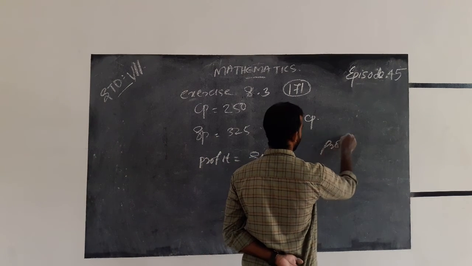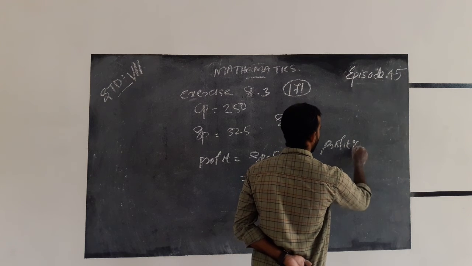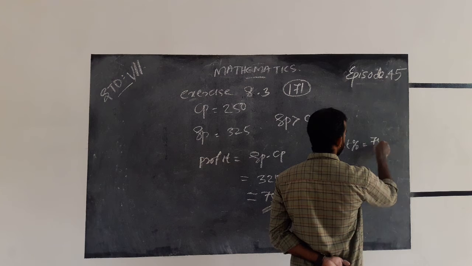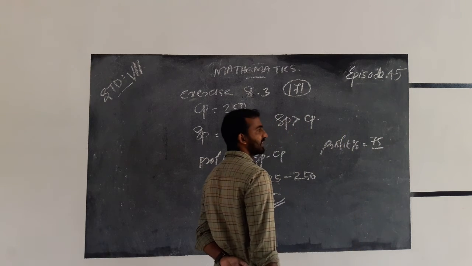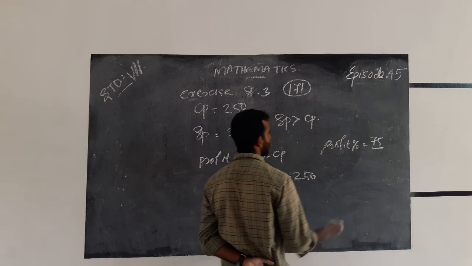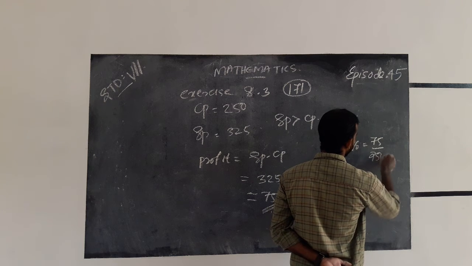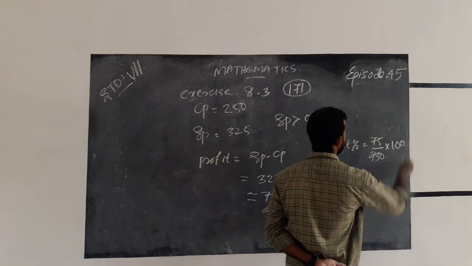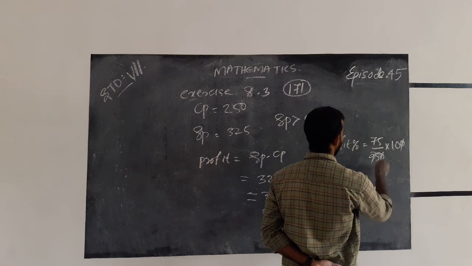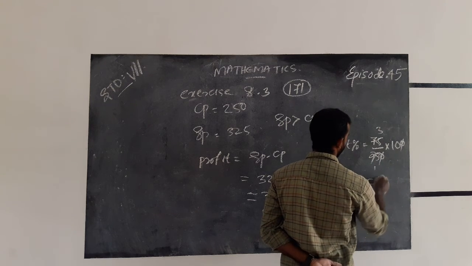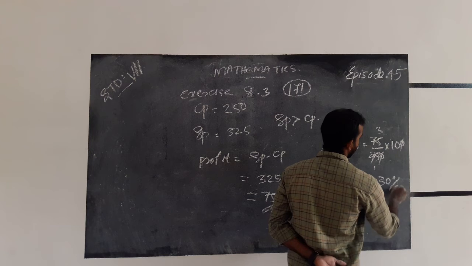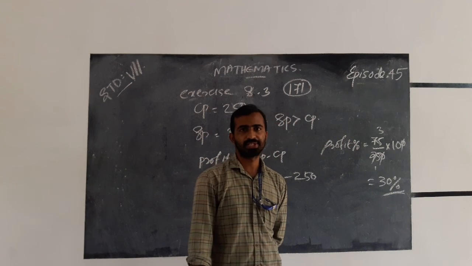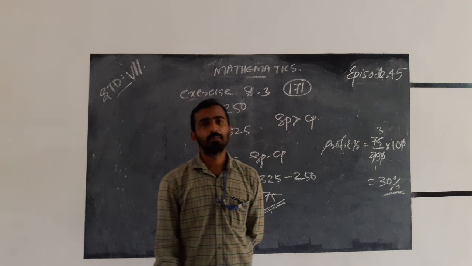Profit percentage equal to profit divided by CP, that is 75 by 250 into 100. We get 30%. Answer is 30%.